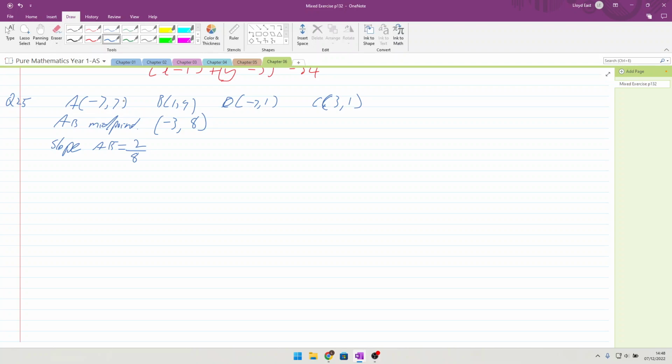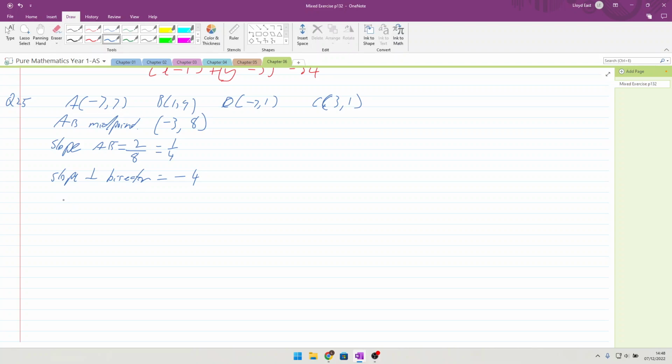Going from 7 up to 9 is a positive slope, so 2/8, which is the same as 1/4. That means the slope of the perpendicular bisector will be equal to minus 4, because it's at right angles to it.